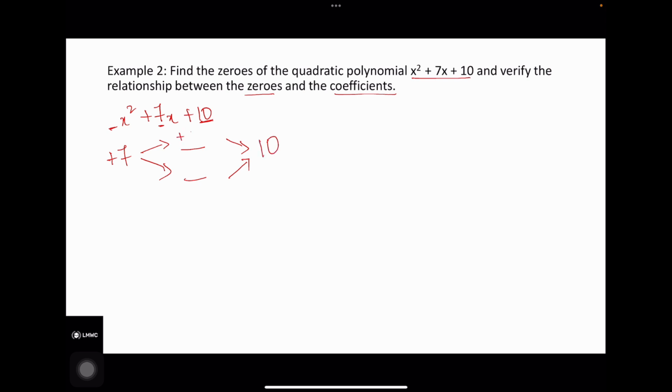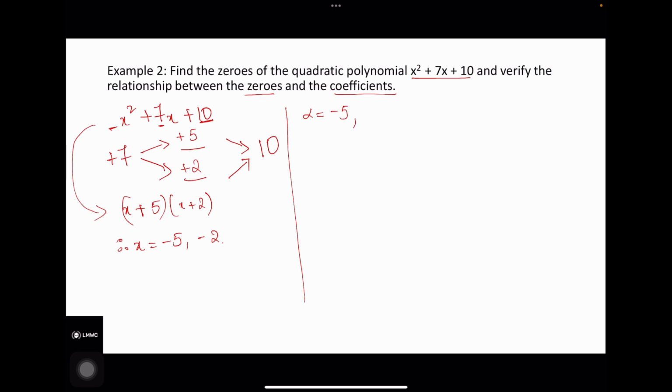So I can think of positive 5 and positive 2. And therefore, I can write this quadratic polynomial as (x plus 5) times (x plus 2), and therefore my zeros will be negative 5 and negative 2. So I can rename these zeros as alpha equals negative 5 and beta equals negative 2, according to the formula.